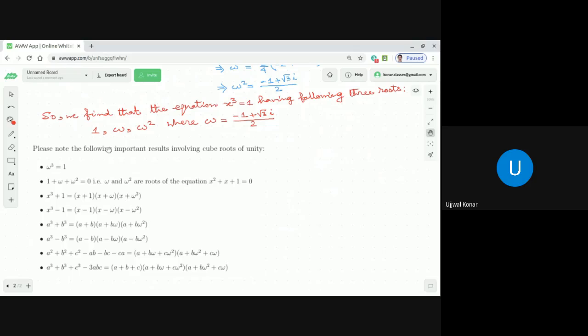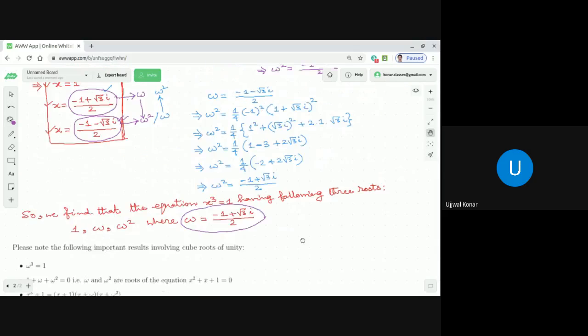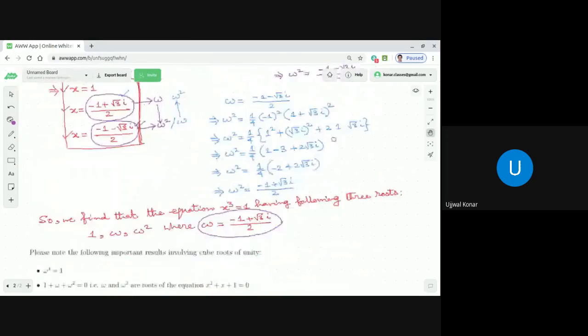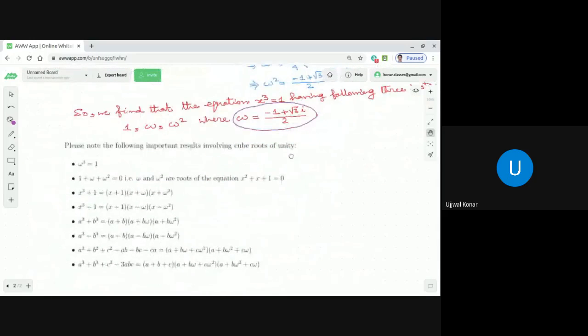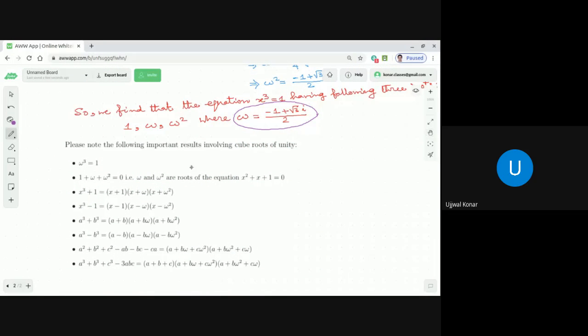That means if you take this value as omega and make a cube of it, the way I did the square of it in the previous one, in a similar manner, you will get 1. You can experiment with this if you wish, but it is not required. You can tell from the fundamental definition of the roots of a polynomial equation.